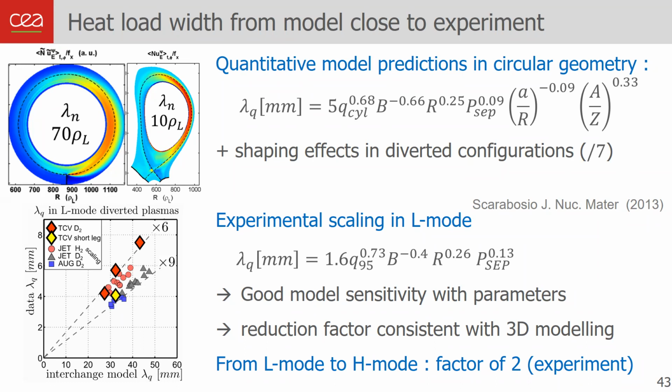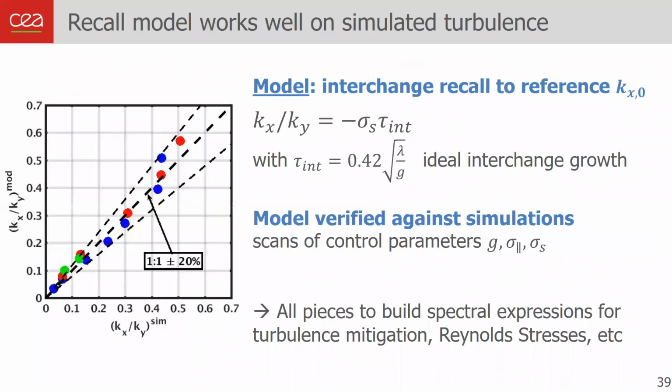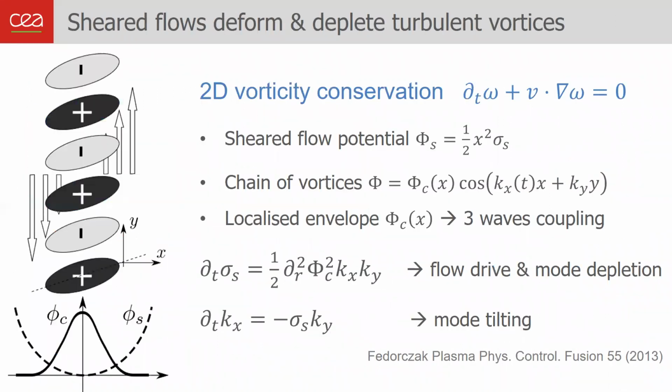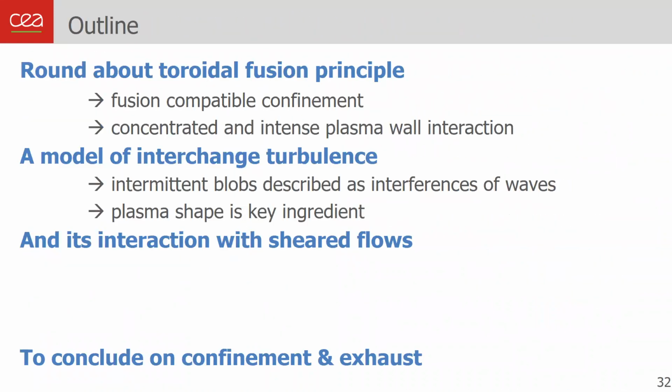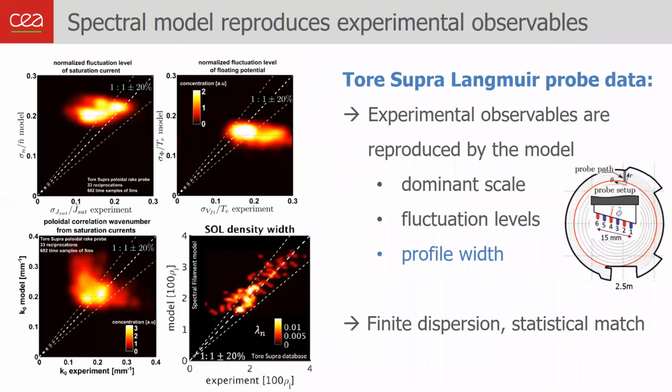No, it's not as easy as this in experiment, but it's true that, for instance, all the Tore Supra data I've been using, all these measurements made on Tore Supra, are done with scrape-off layer widths in the range of 100 ρi. So it's a lot, compared to what you get in H mode for lambda Q.